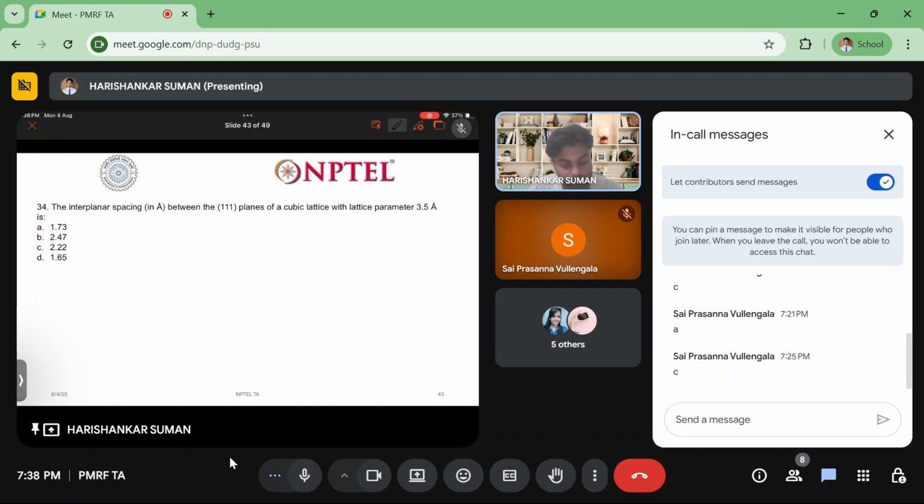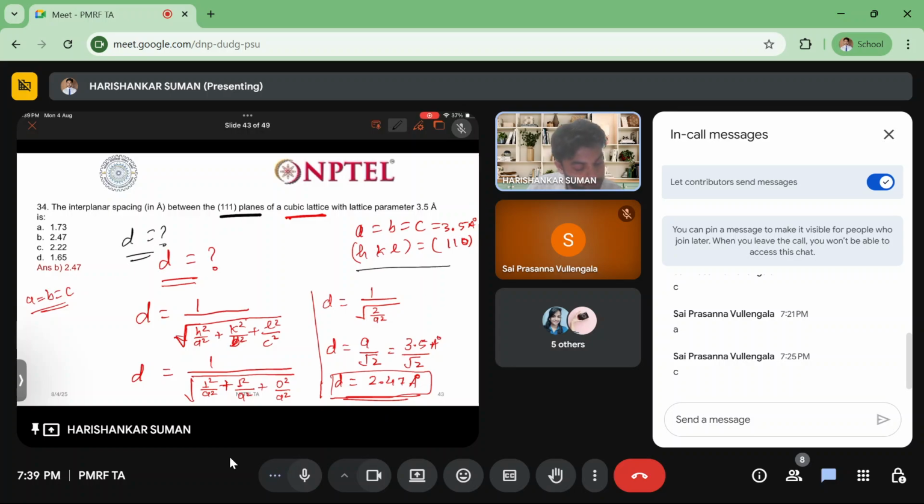Next question is new. The interplanar spacing in angstrom between the 111 planes of the cubic lattice with the lattice parameter 3.5 is, you have to find d. So the answer is this.